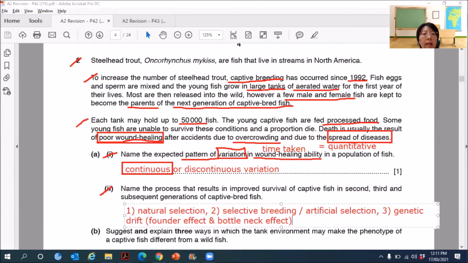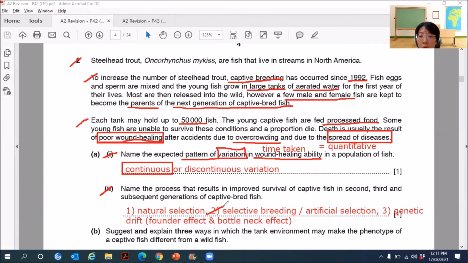Based on the data given, what is the name of the process that results in improved survival of the captive fish in second, third, and subsequent generations? The answer here is, there are two answers given here that are correct. Number one is selective breeding, because this whole process is a selective breeding.